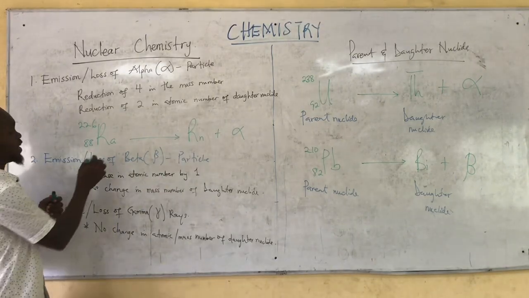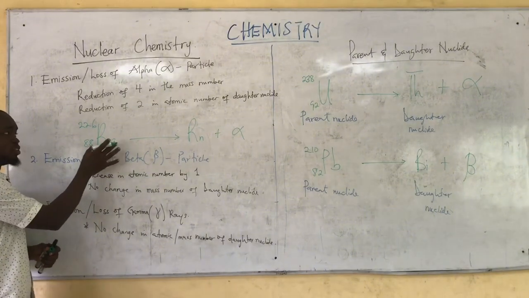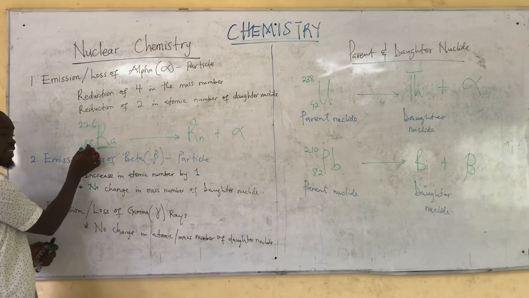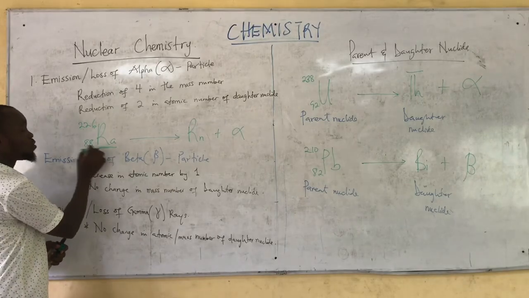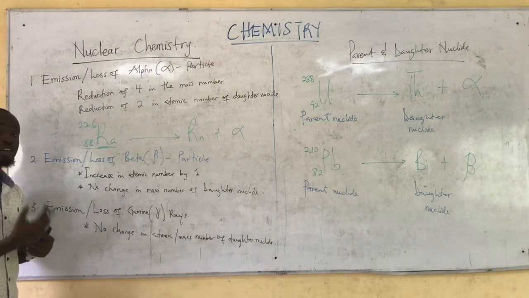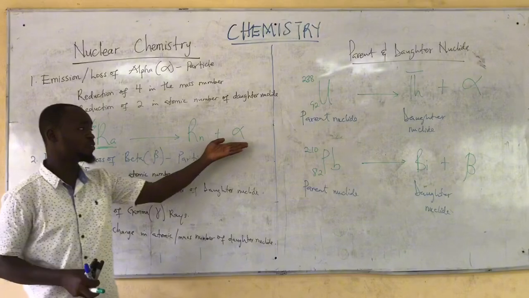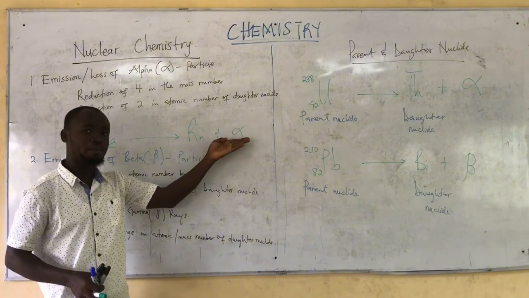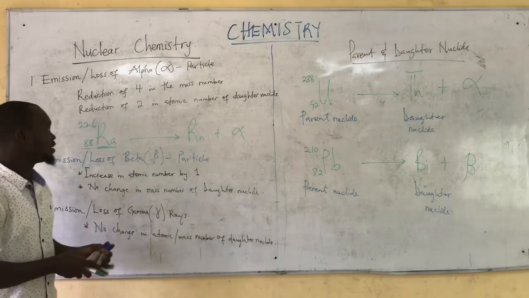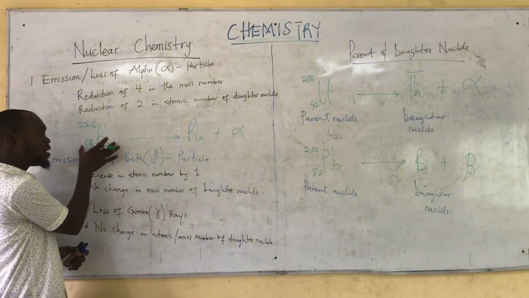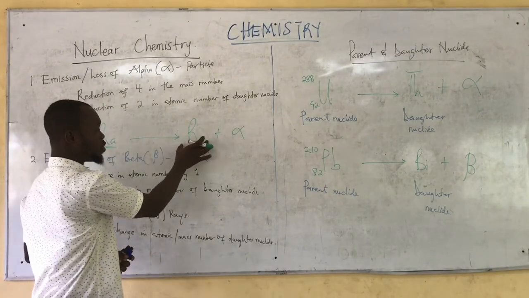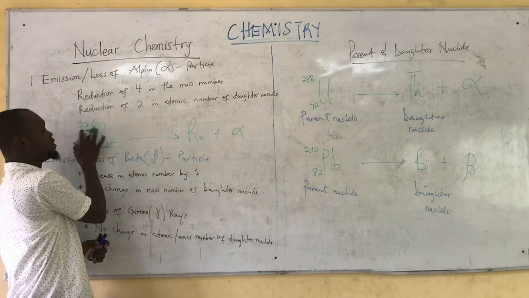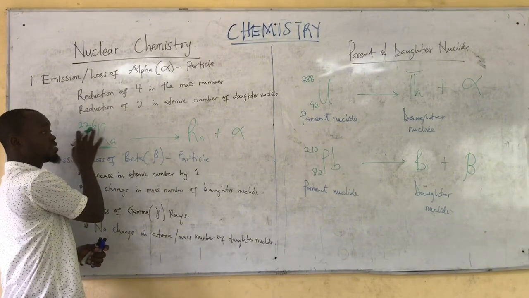So I have Ra as the parent nuclide. It has a mass of 226 and a proton number of 88. Ra is undergoing a spontaneous decay to emit an alpha particle, or an alpha emission. Once there's an alpha emission, it simply means that the mass of the daughter nuclide will have a reduction of 4 compared to the parent nuclide.